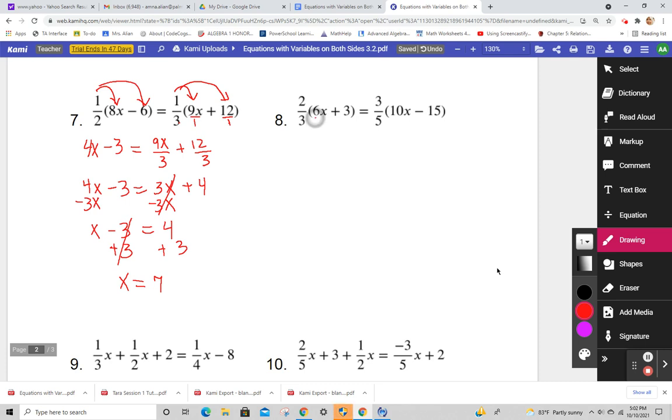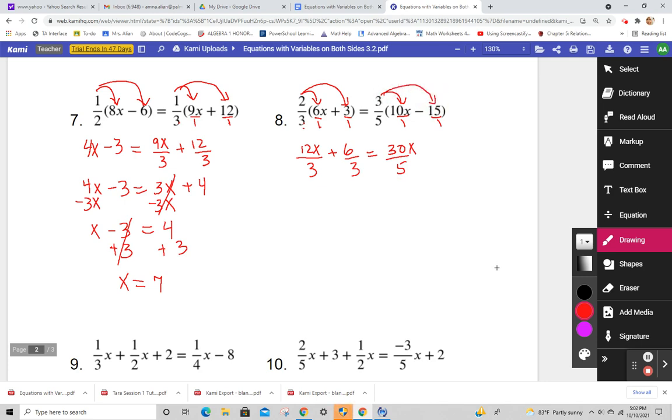All right, so if you want to turn these into fractions, you can if it makes it easier. So 2 times 6x is 12x, and 3 times 1 is 3. 2 times 3 in the numerator will give us 6, and 3 times 1 is 3. 3 times 10x is 30x, divided by 5.